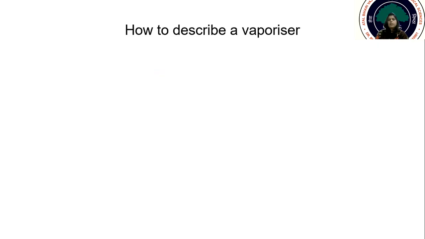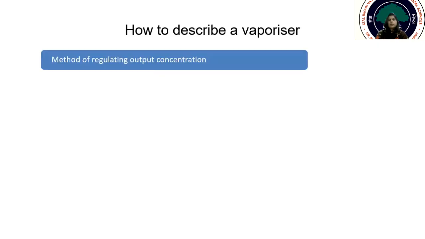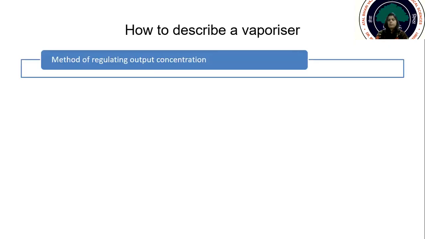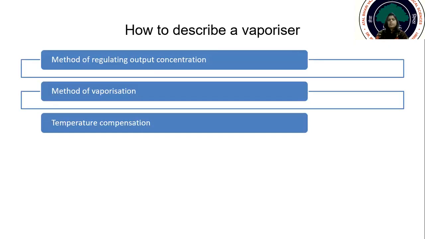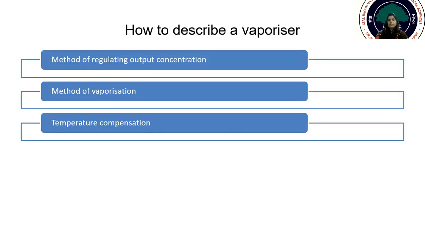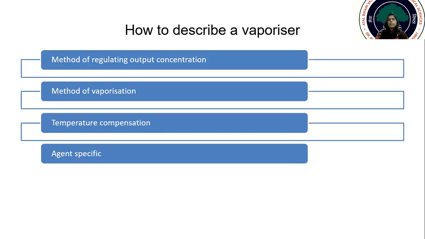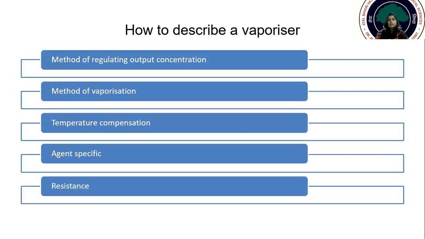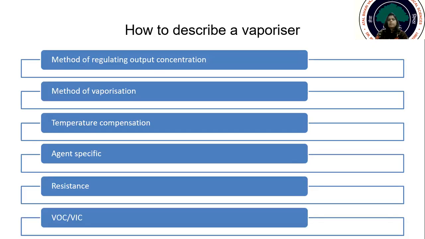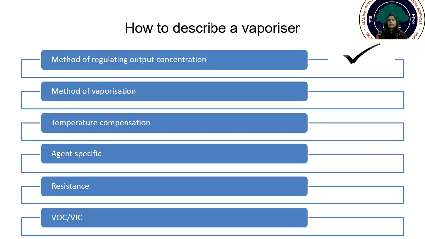Like if you have been given a vaporizer, first you tell what is the method of regulating output concentration, what is the method of vaporization, what is the temperature compensation used, and whether the vaporizer is agent specific or not, whether it has plenum type or drawover type of vaporizer, or it can be used within the circuit or outside the circuit. So at the outset, you will be able to tell about a vaporizer.